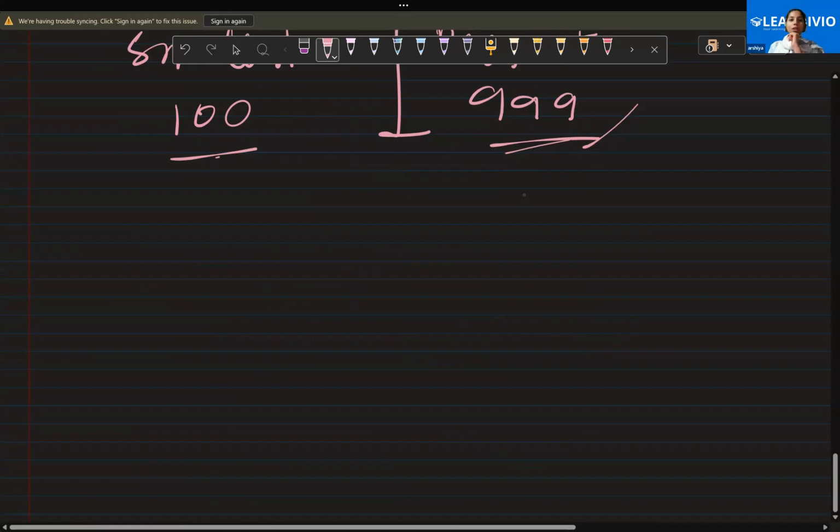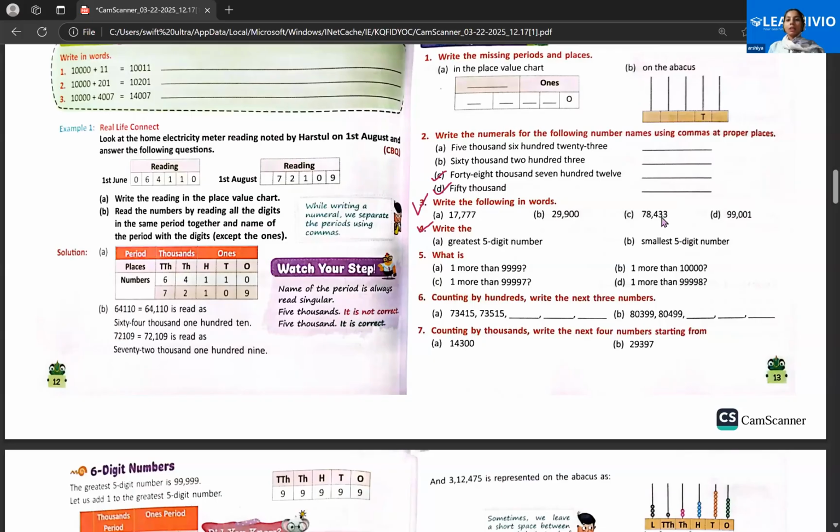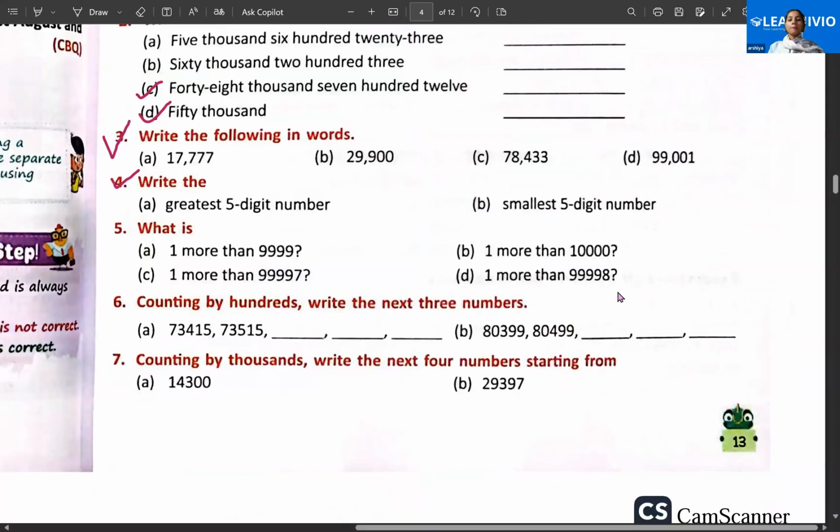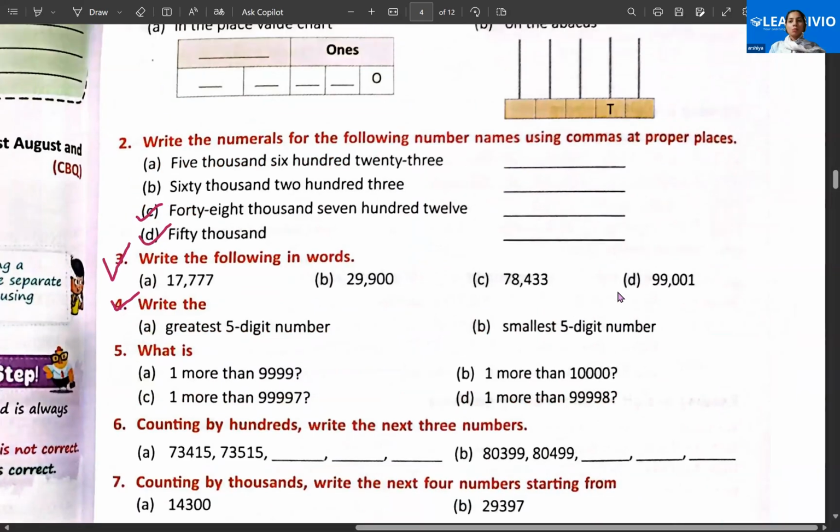Okay. Now let's come back to your book so we can solve a few questions. Can you see the screen?